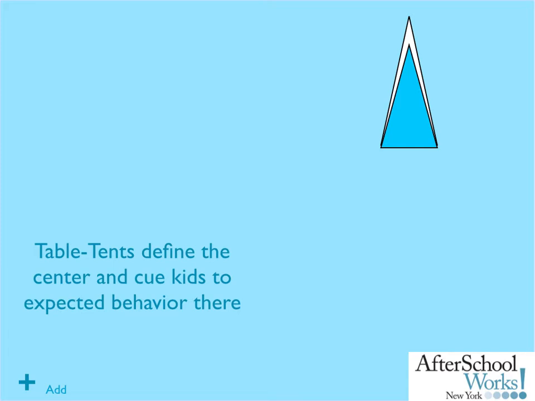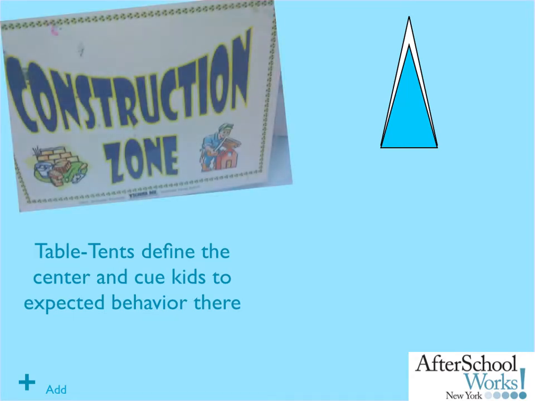So here's the way the table tents work, and the diagram up at the top will show you, this is kind of looking at it from the side, that there are two pieces of paper that are joined at the top with a staple and at the bottom with another piece of paper or cardboard that kind of holds them up into a tent. So here's an example of one that they had in their construction zone.